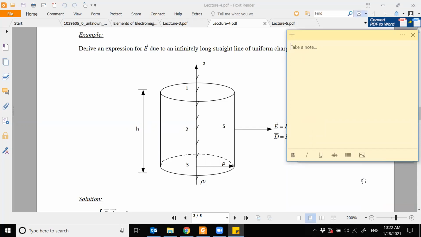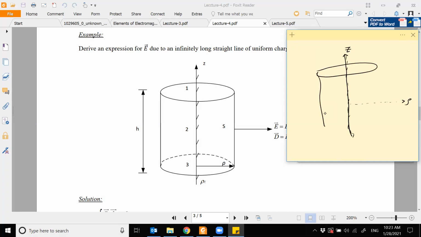So you have a closed cylinder, and you have this line. This is infinite, so I'm placing it on the z-axis, and therefore this will be my rho axis. The Gauss's surface is my cylinder, so I'm enclosing the line in a cylinder.